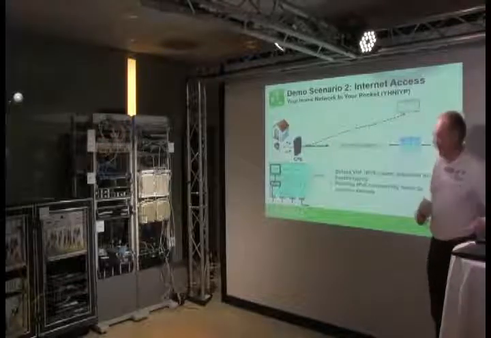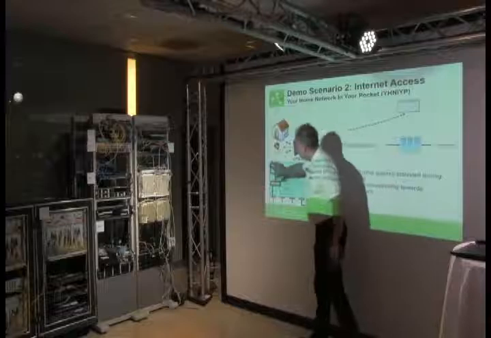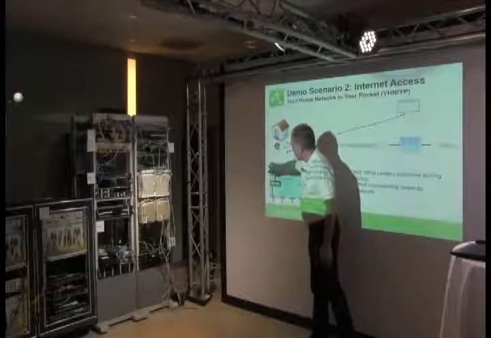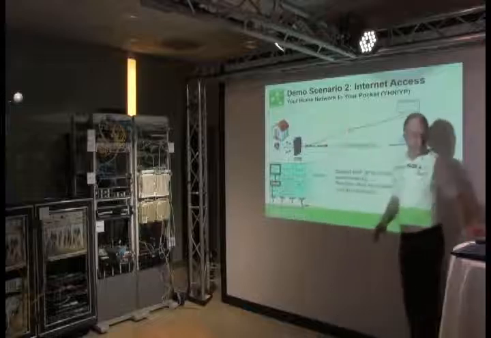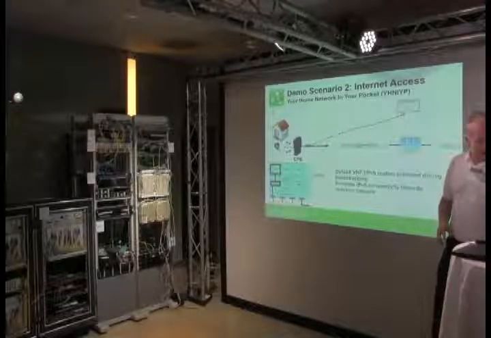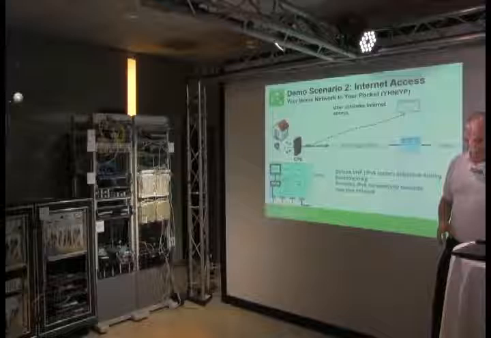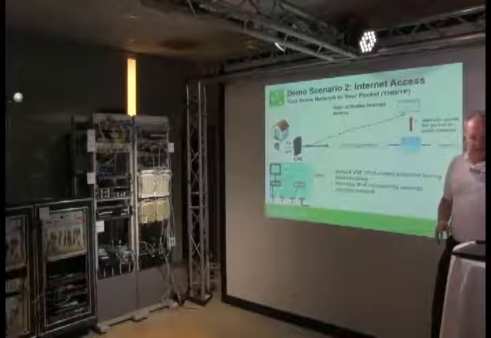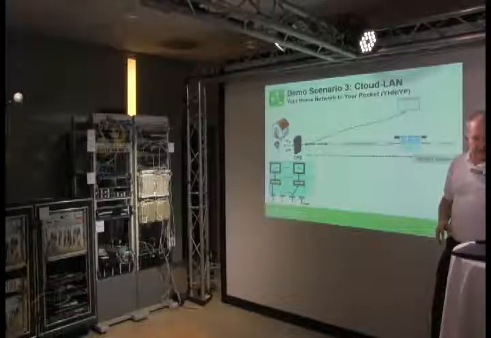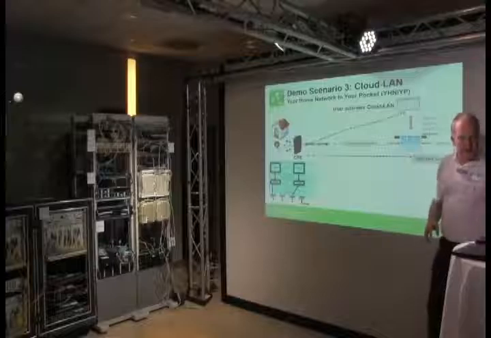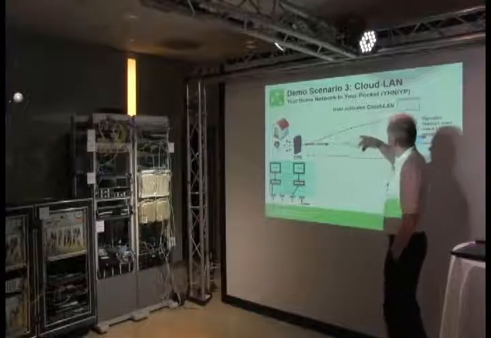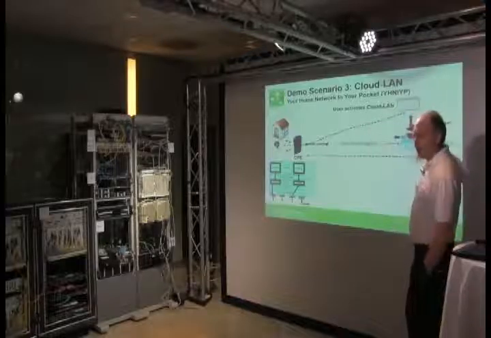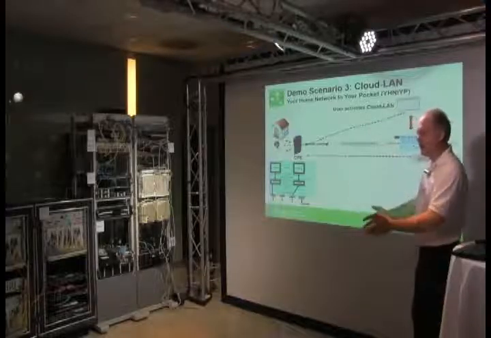And this is all rolled out by invoking virtual machines here that are controlling forwarding engines. In the second step, the user will activate internet access, and the third step, and that gave the whole demo the name, is we're activating a layer 2 tunnel into a private extension of the home network.